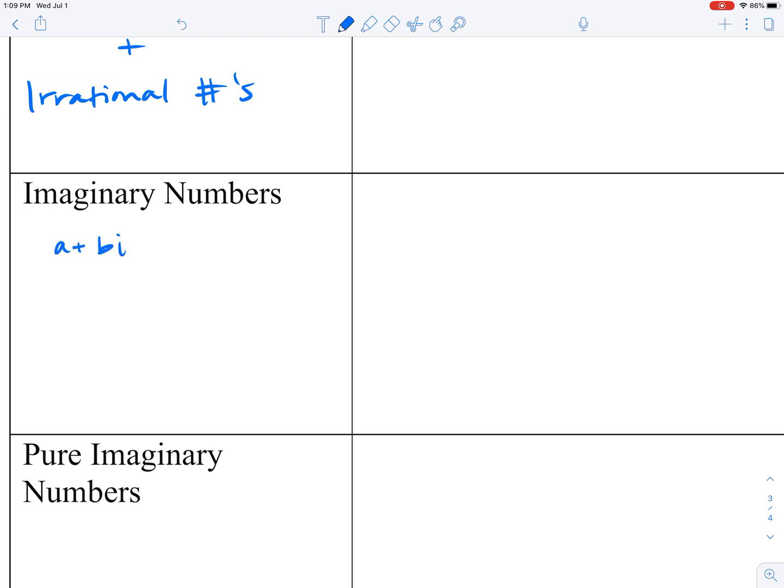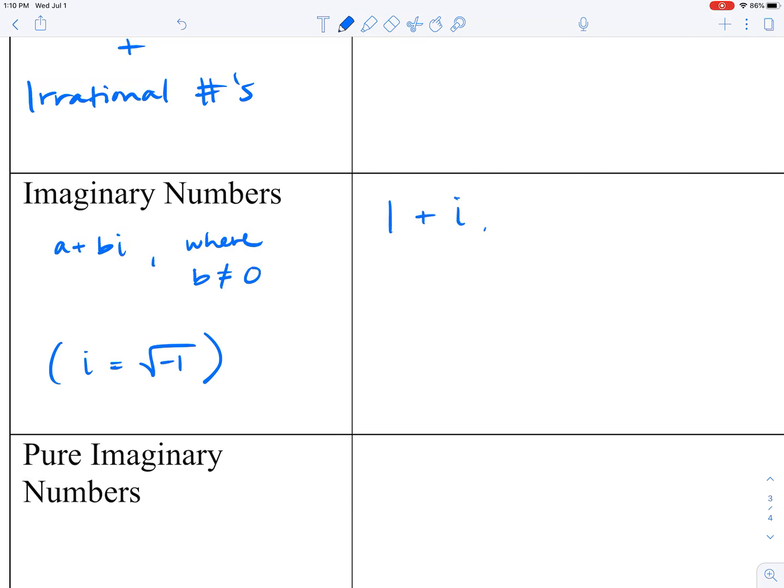Okay, so now the imaginary numbers. Imaginary numbers can be written in the form a plus bi, where b is not equal to 0. I just want to remind you that i is actually equal to the square root of -1. So remember, the square root of a negative number is an imaginary number, and the square root of -1 is equal to i.